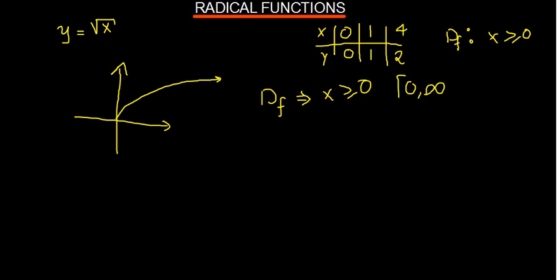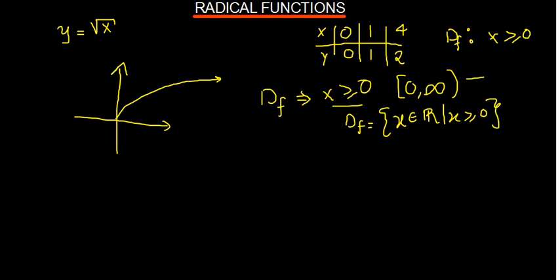We are including 0, but we know that we never include infinity in these sets. So that is how we are able to write it. Or I can say domain of this function is equal to x is a member of real numbers such that x is greater than or equal to 0. Whether you write this, you write this, it's still the same thing.